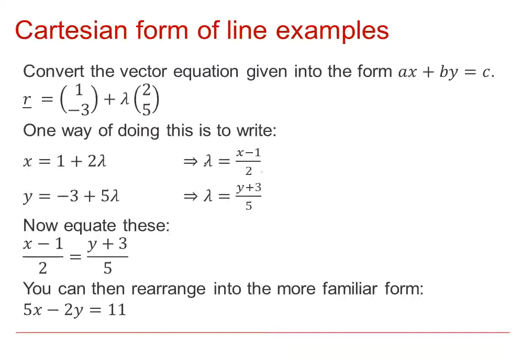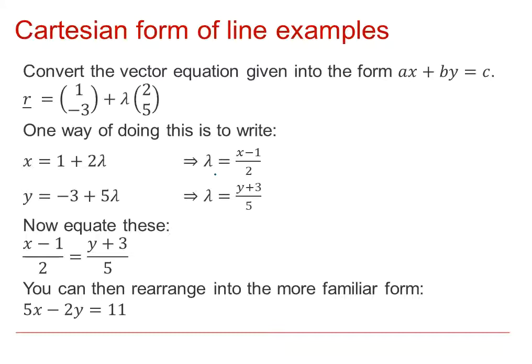If you rearrange each of these for the parametric value lambda, so there's lambda in terms of x, and then we've rearranged to get lambda in terms of y, and we know they both equate to the same value of lambda. Lambda can't change in the middle of a coordinate, if you like.